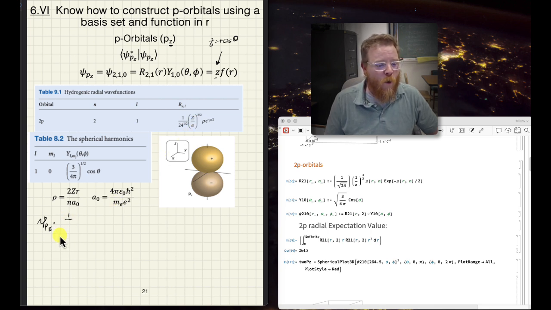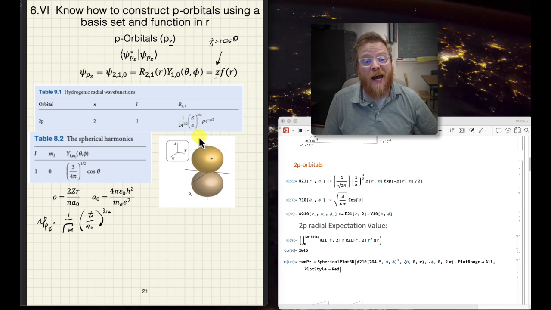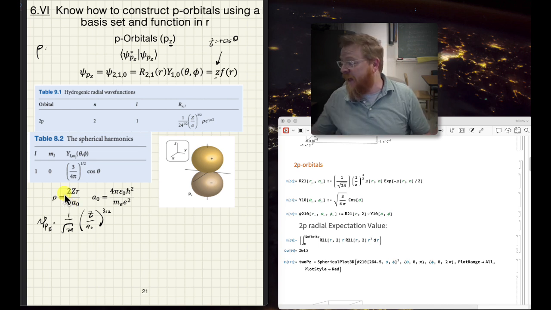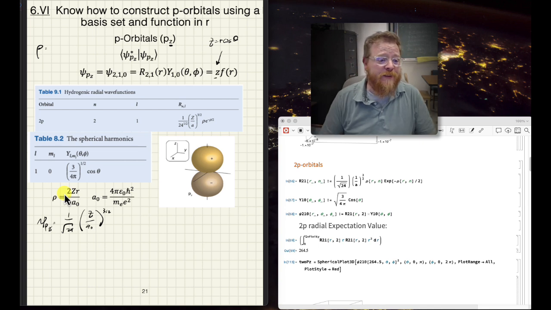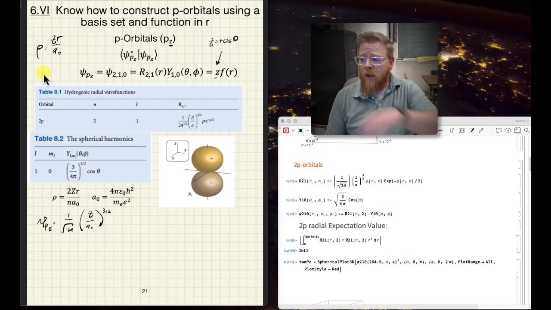So that's going to be 1 over the root 24, and then that's times charge Z over Bohr radius to the 3/2 power, times this function in rho, which now recall rho for 2p is going to be 2Zr over 2, right? Because n is now equal to 2, times my Bohr radius. So that just becomes Zr over a.